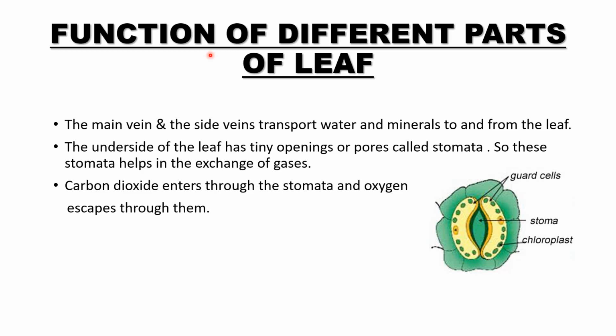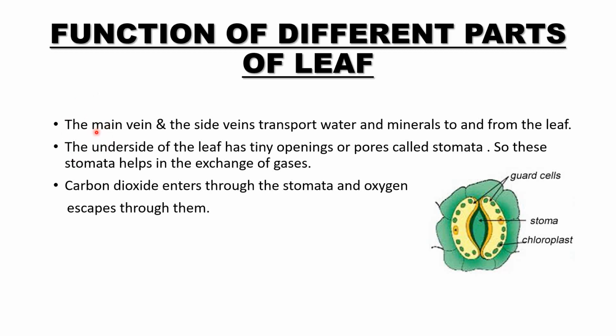Okay, so now let us know how this preparation of food by the plant goes on. Here we will study the various parts which the leaf has and what their functions are. In the previous slide, I told you that the leaf has veins. Do you remember that?